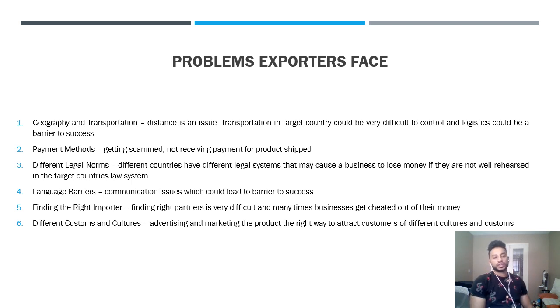There's all different stuff. Language barriers and communication issues could lead to barriers to success. You have to find the right importer, with the right connections, and deal with different customs and cultures. You have to be able to adapt. That's basically a lot of the issues that exporters face.